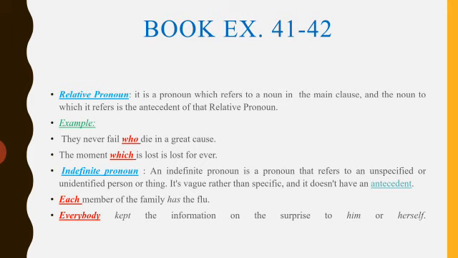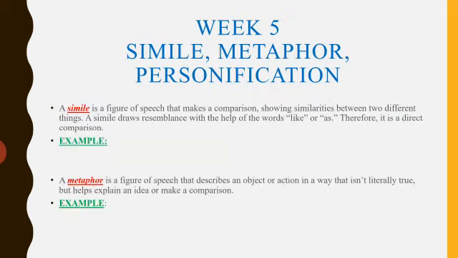For example, each member of the family has the flu, and everybody kept the information on the surprise to him or herself. So over here, everybody and each are the indefinite pronouns because they do not refer to a particular person, but they refer to very general things or people.